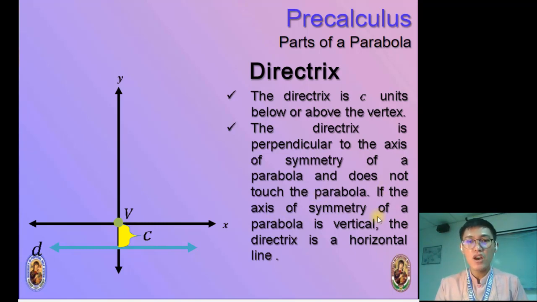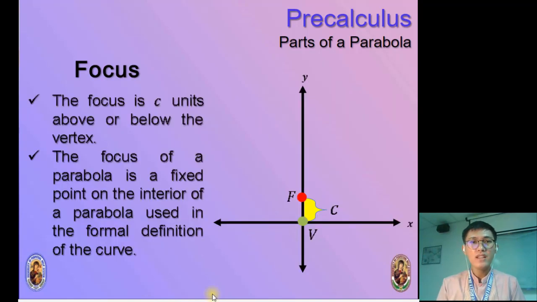If the axis of symmetry of the parabola is vertical, the directrix is a horizontal line. But if we have a horizontal axis of symmetry, we have a vertical directrix, right?